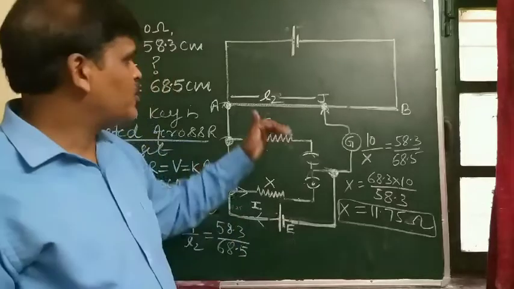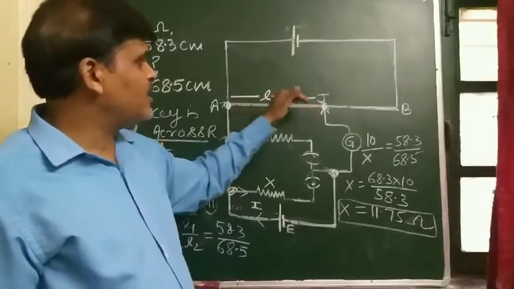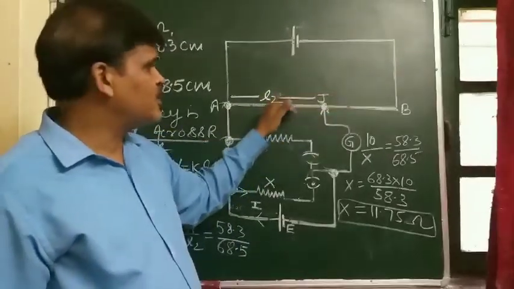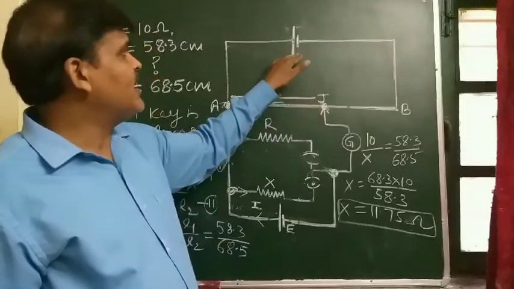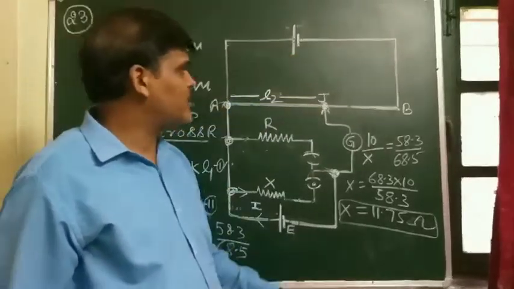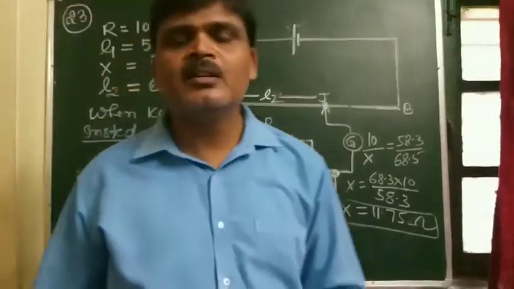Another way to get a null point on the potentiometer wire is by increasing the voltage of the driver cell.